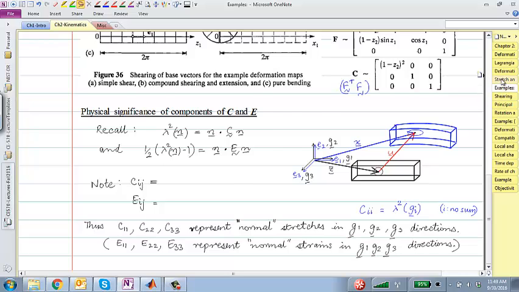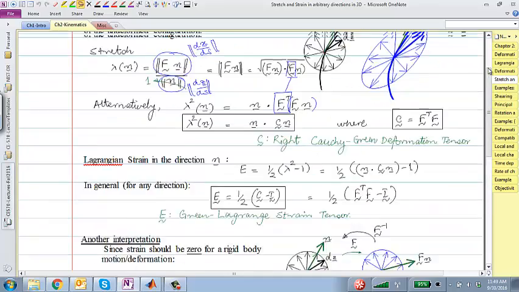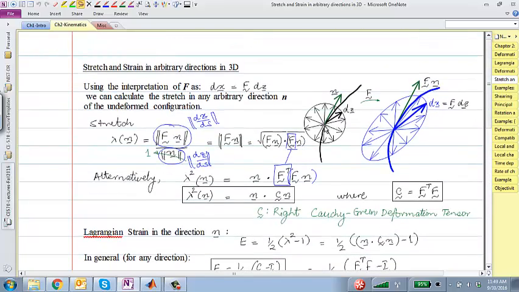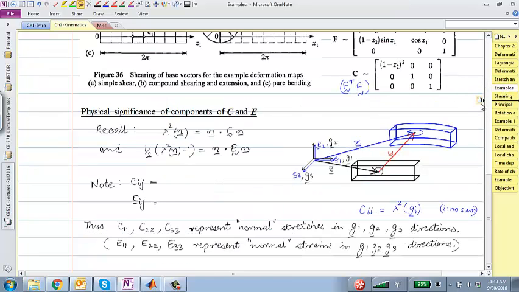You remember, on the previous page we said if you have some body, some undeformed to deformed body, in the neighborhood of a point, consider some curve, and the tangent along that curve is, let's say, given by n, then the stretch in that direction is going to be given by n dot Cn, where n is a unit vector. The square of the stretch is that. So we'll use that to interpret some of the components of C.